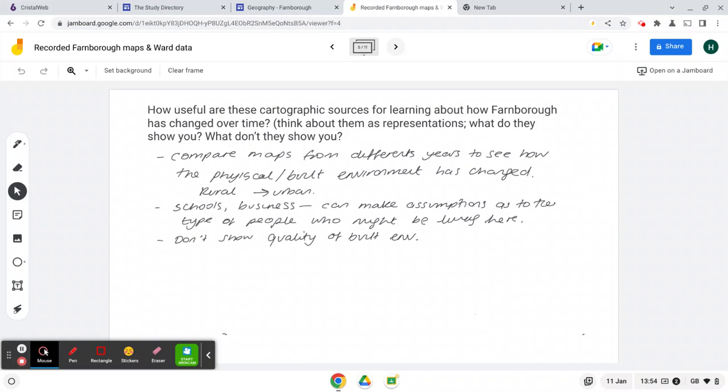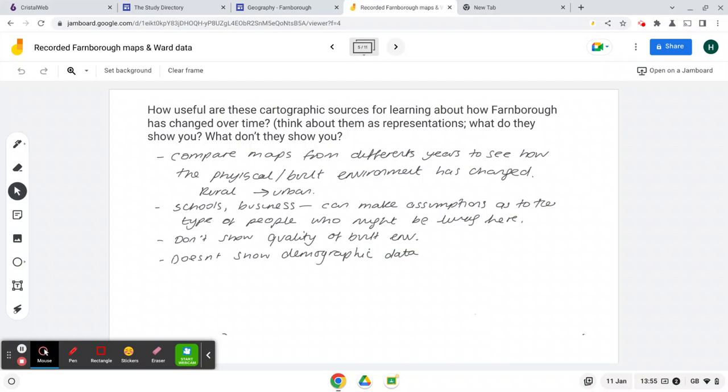They don't show the specific quality. Are they good quality or are they in a state of disrepair? It doesn't show the demographic data. So we don't know who is living here. We don't know who's making up the population.